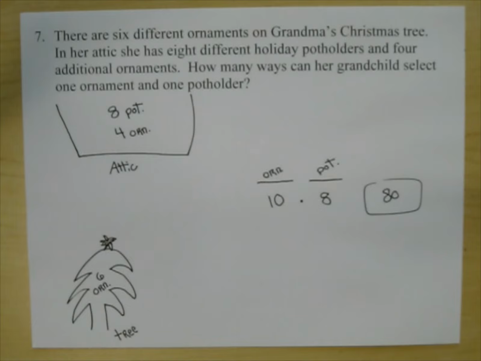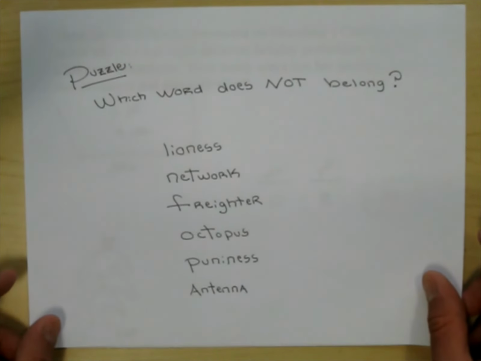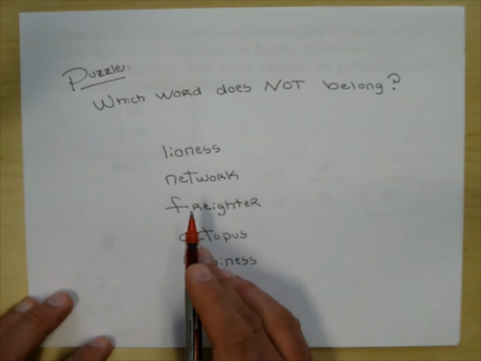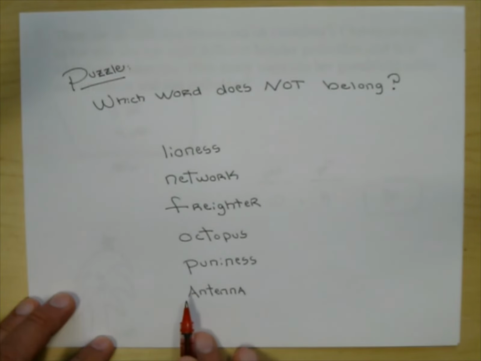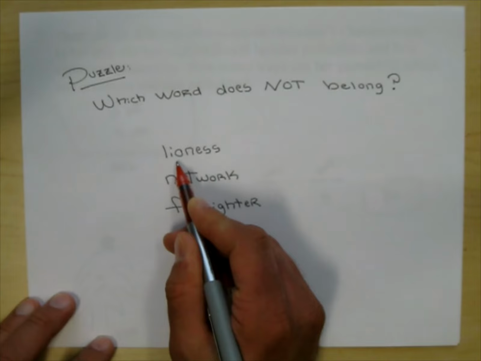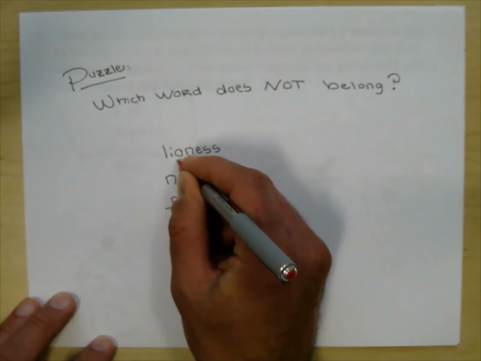We'll come back to the puzzle. Which word does not belong? Okay, so some of you are going to get rather upset when I show you. And some of you may have figured this out. Look at these words. All these words, except one of them, have numbers in them. Does this red pen work?